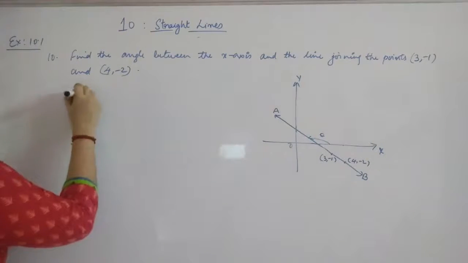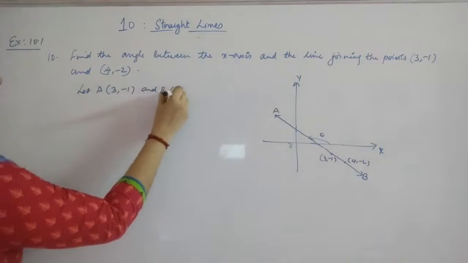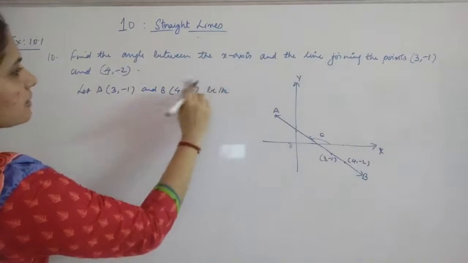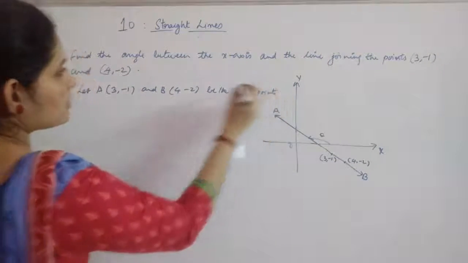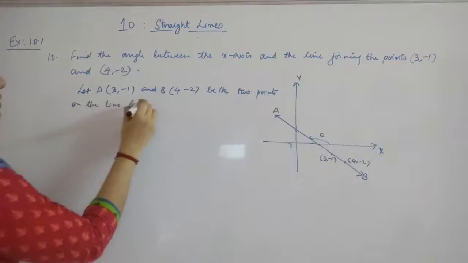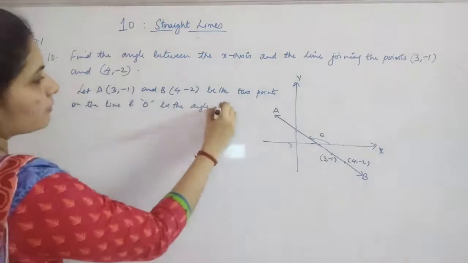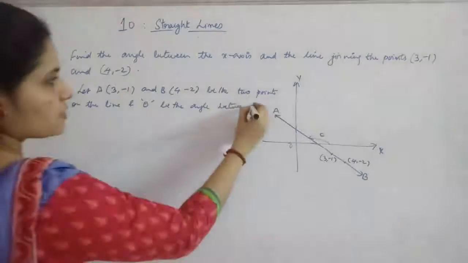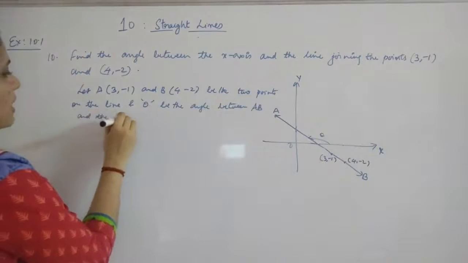Okay, so let A (3, -1) and B (4, -2) be the 2 points on the line, and theta be the angle between or made by the line with the x-axis, between the line AB and the x-axis.